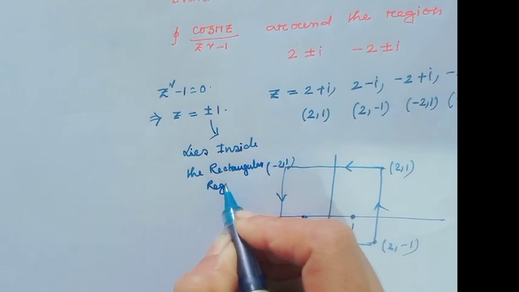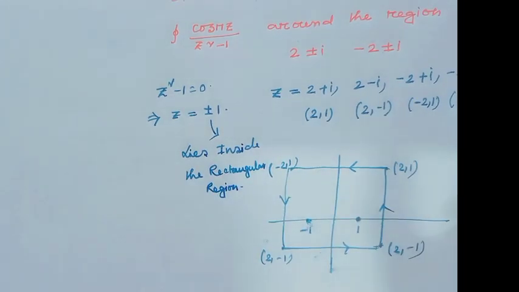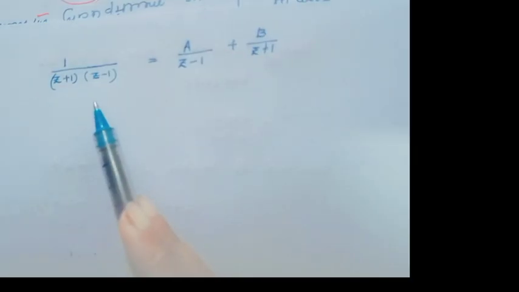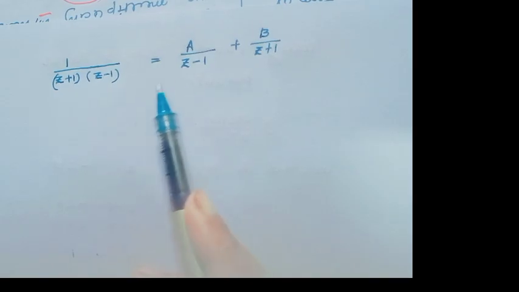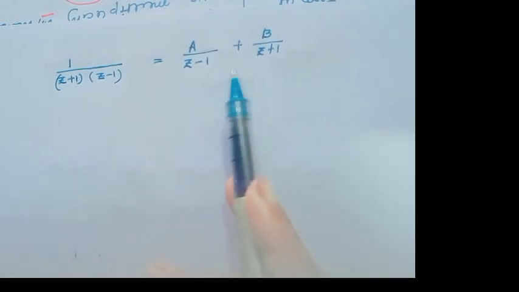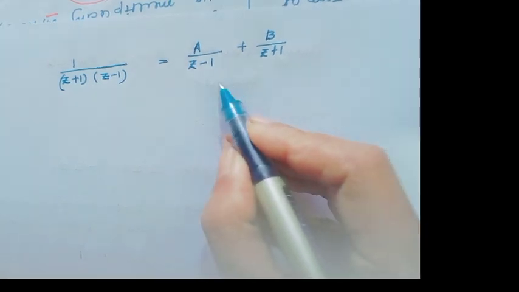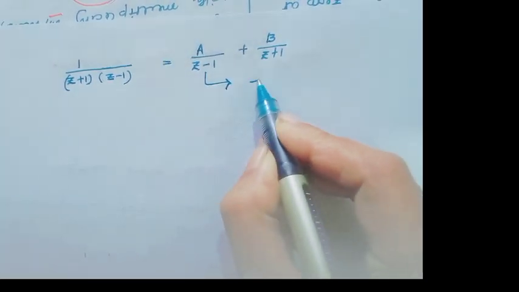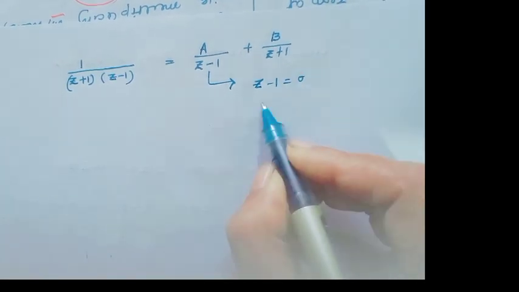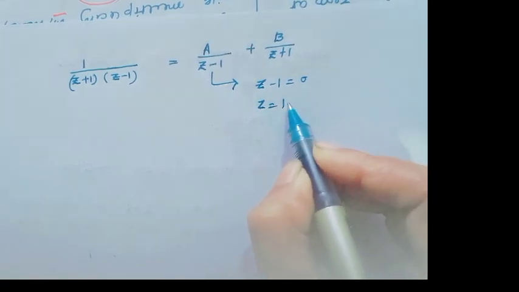Okay. Then write 1 over z plus 1 times z minus 1 as a over z minus 1 plus b over z plus 1. And for this, z minus 1 equal to 0, that means z equal to 1.